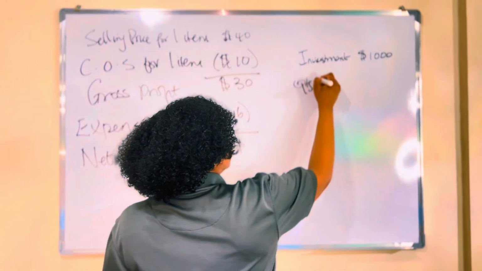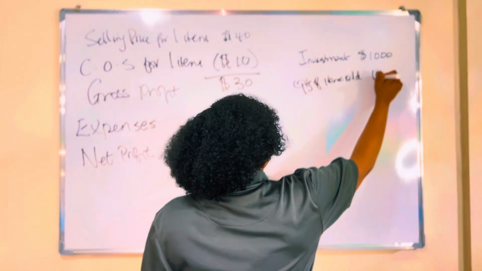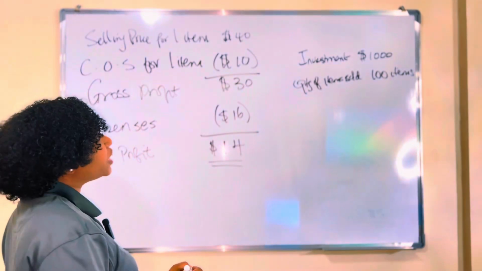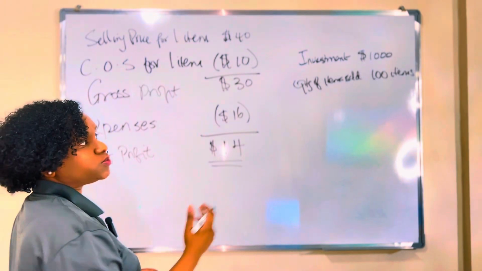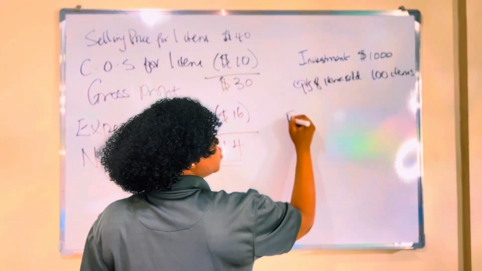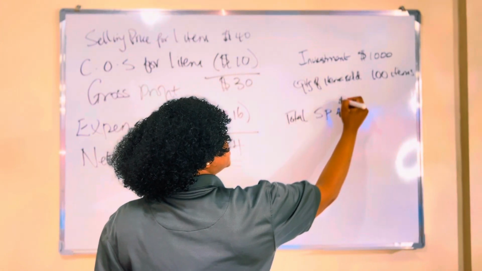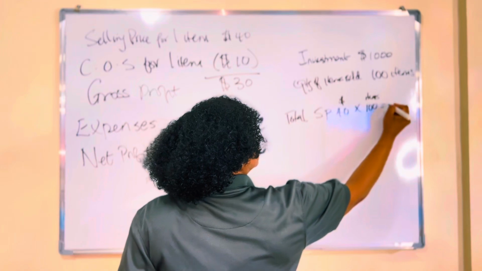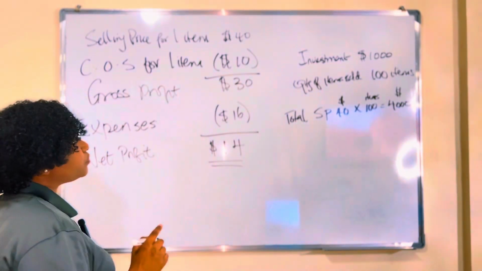Quantity of items sold, 100 items. Good. So the selling price for one item is $40. We sold 100, so total selling price is $40 multiplied by 100 items will give us $4,000 total revenue.